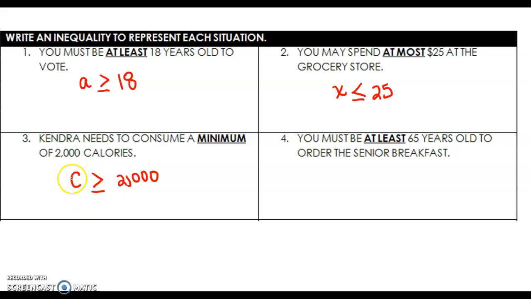So the calories that she consumes has to be greater than or equal to the 2,000 calories. You must be at least 65 years old to order the senior breakfast. So we're talking about age again, so I'm going to use A again, okay? And at least means you have to be greater than or equal to 65 years old.